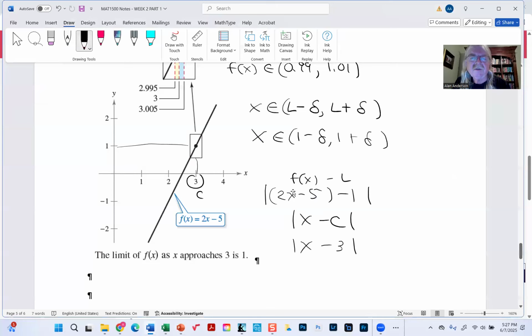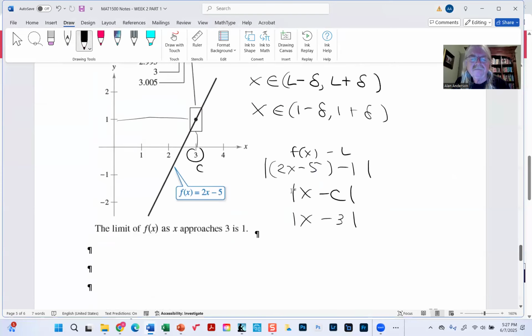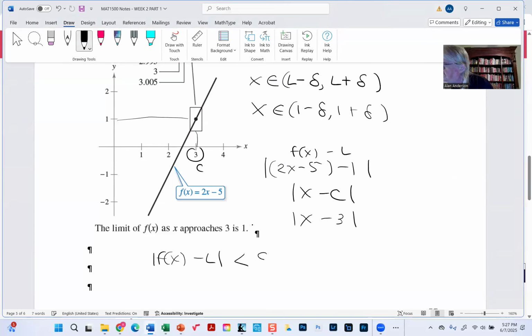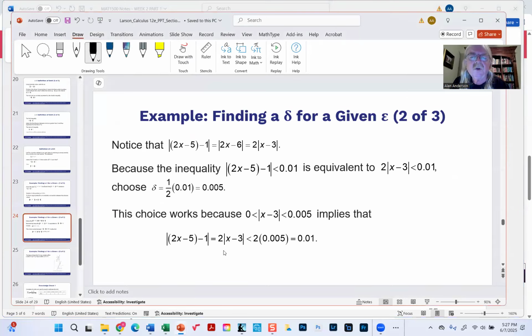The one on the left is supposed to be less than epsilon. We already were told that epsilon is 0.01.